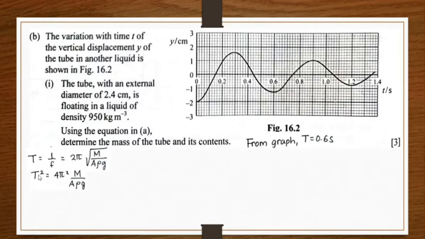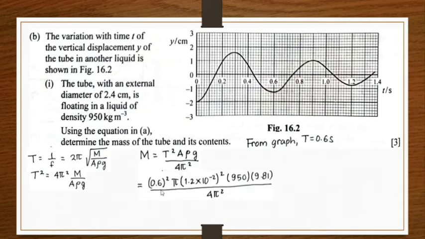So T squared is equal to 4 pi squared times m over A rho g. We square both sides. So m can be given by T squared times A rho g divided by 4 pi squared. So m will be equal to 0.0384, or 0.038 kilograms in two significant figures.